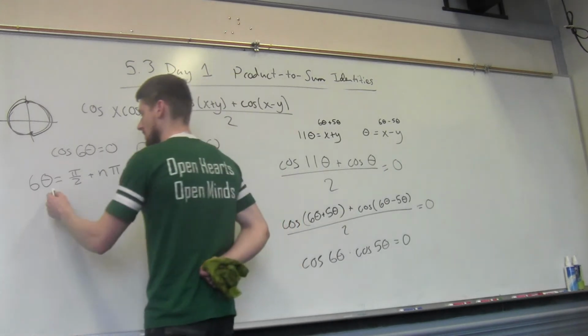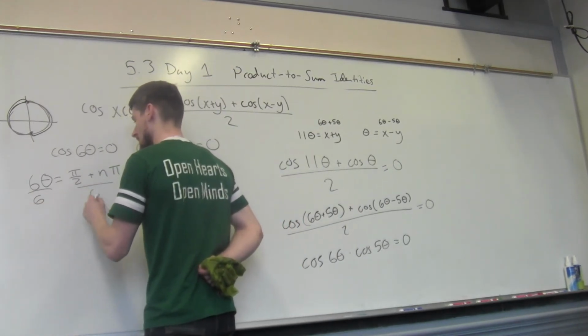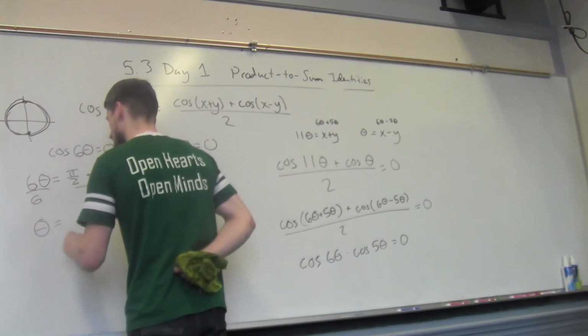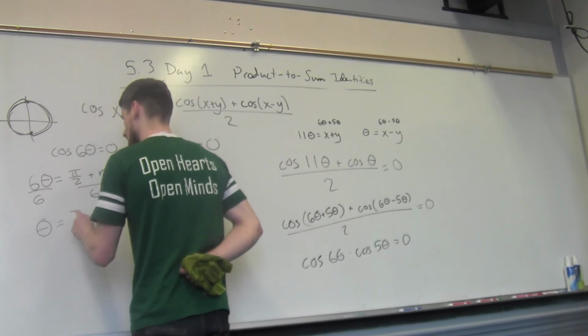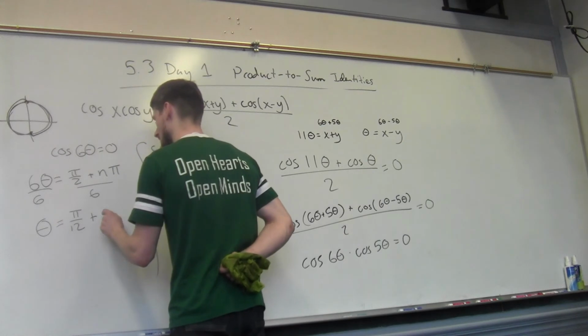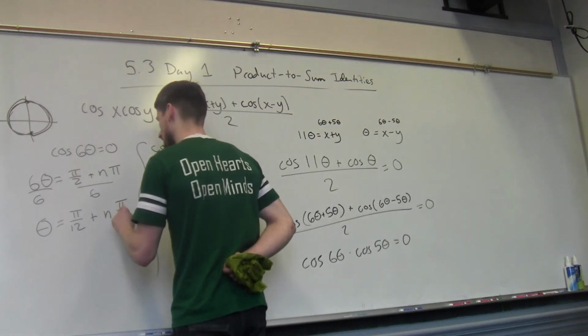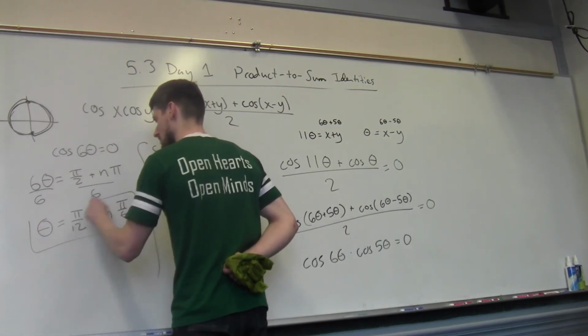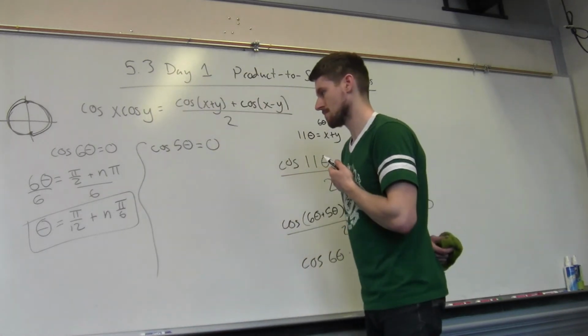Now we divide everything by 6. That gives us theta equals pi divided by 12 plus a multiple of pi divided by 6. So that's half of the answers.